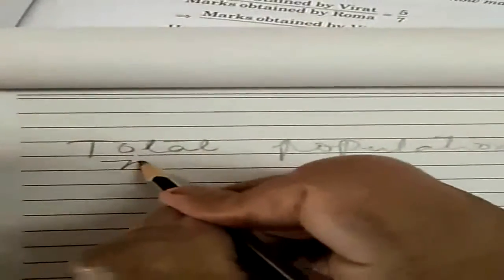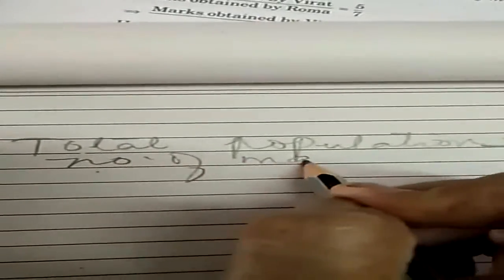Total population is 3540. Okay, then males are how many? Number of males are 2065.